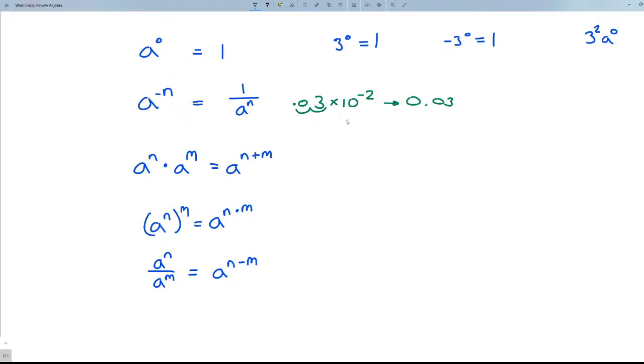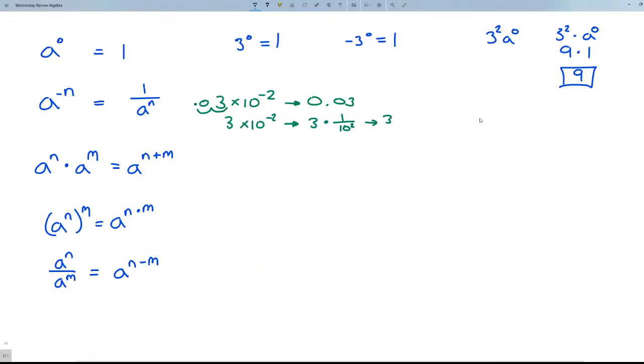Well, what's happening? You're multiplying 3 times 10 to the negative 2. What does this negative 2 represent, this 10 to the negative 2? Well, what this is saying is 3 times 1 over 10 squared, and 10 squared is just 100, so 3 times 1 over 100, or 3 over 100, if we were to simplify this even more, would give us 0.03.